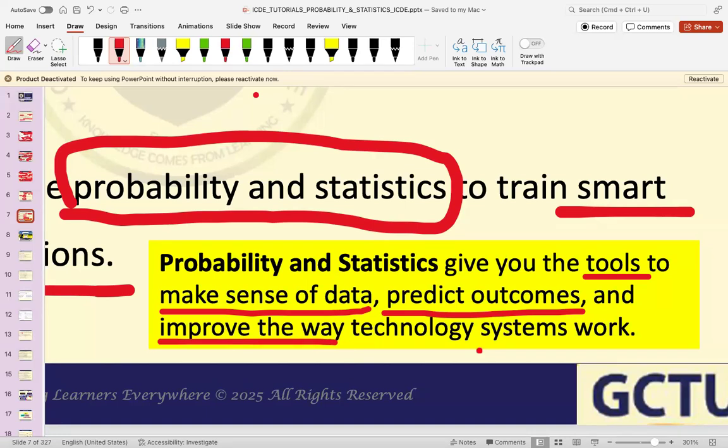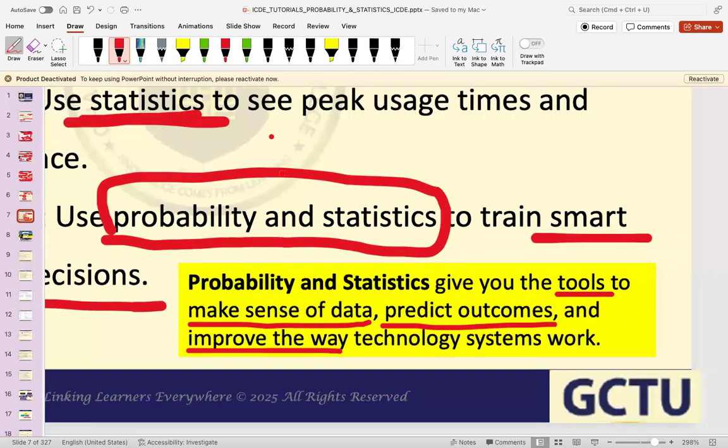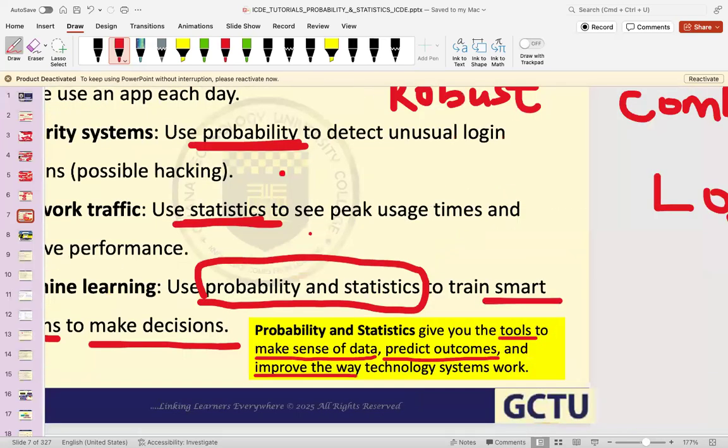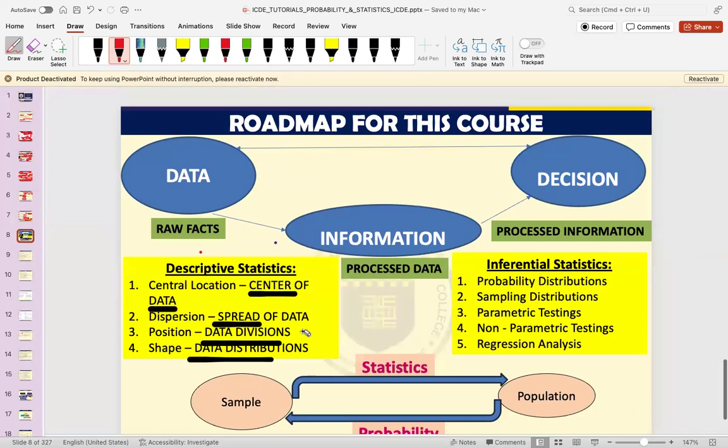This is the reason why we need to have knowledge in probability and statistics, as we started from the other slides. As a result, this is going to be our roadmap for the semester.